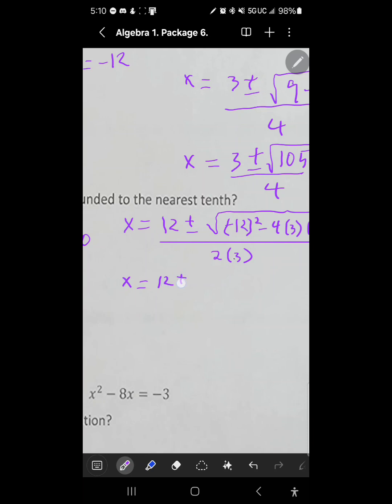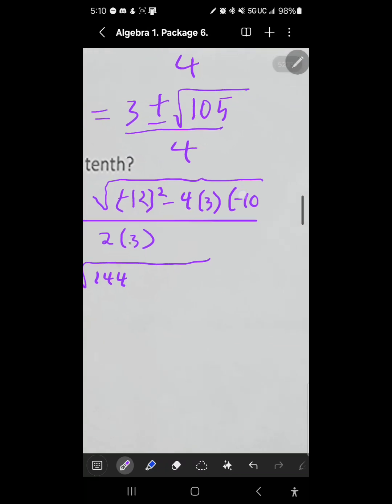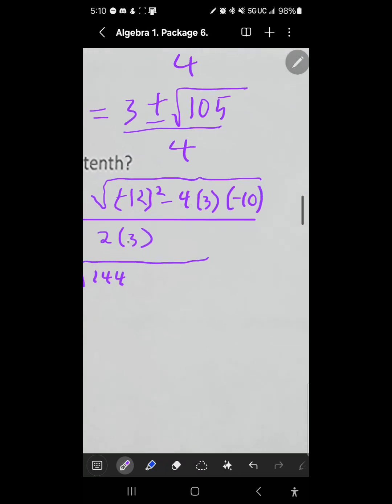Now we start solving. x equals 12 plus minus. Negative 12 squared is just 144. Negative times negative is positive, and 12 times 12 is 144. And then negative, negative again, positive. So it will be negative 4 times 3, negative 12. Negative 12 times negative 10 will be positive 120.